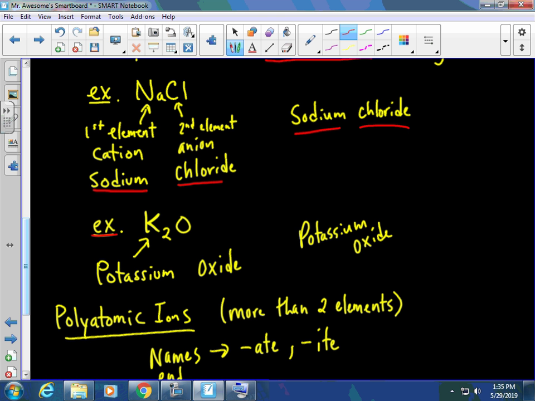All right, so all we do, ignore the two, just look at the K. It's potassium. You just name it potassium. And then the O, which is oxygen, we change that to oxide. So we would name this compound potassium oxide.